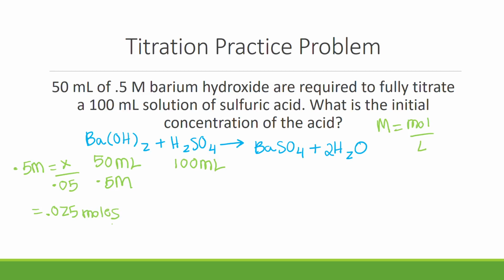of barium hydroxide. Now let's find what we're looking for. We want to find the initial concentration of the acid. So which one's the acid? Well, we know it's this one, sulfuric acid. Now we have 0.025 moles, and I already balanced the equation for you.